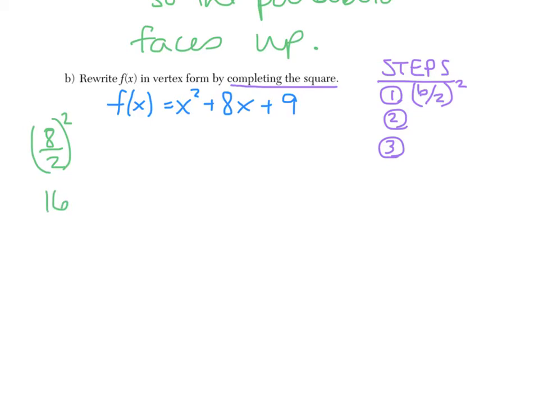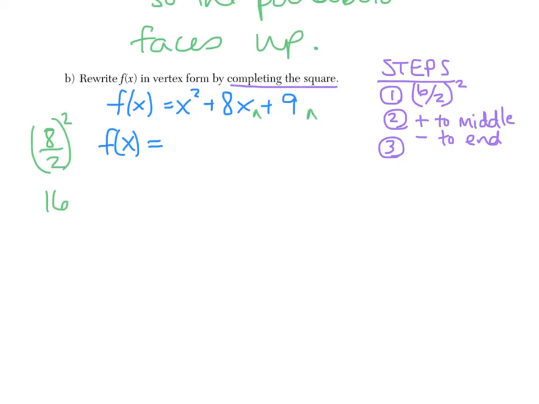Step 2 is to add to the middle, subtract to the end. So we have to add it and subtract it away. So what does that look like? Well, I'm going to take my function, and what did I mean by the middle? Well, the middle is right after my x term. So right here, and then the end is at the very end.